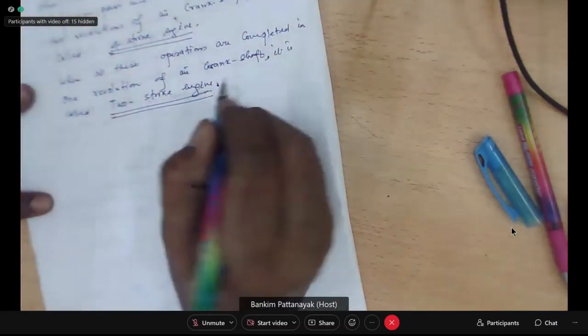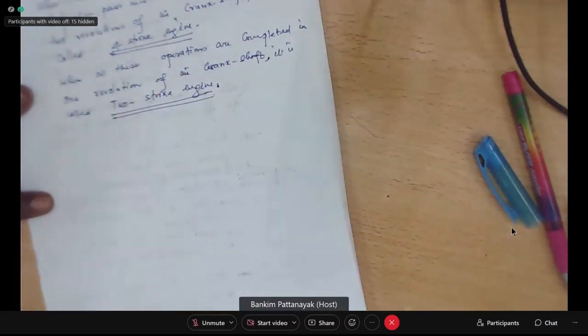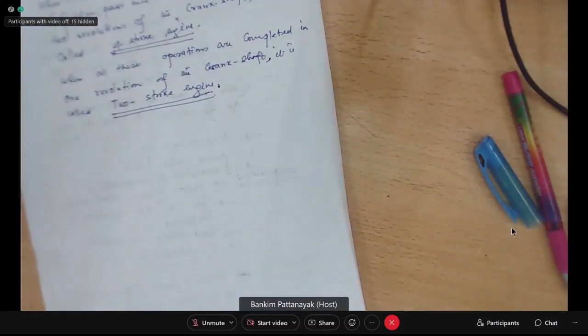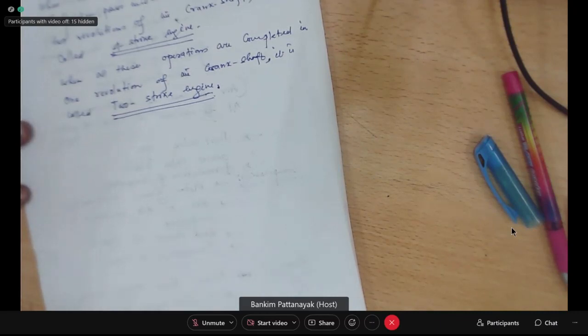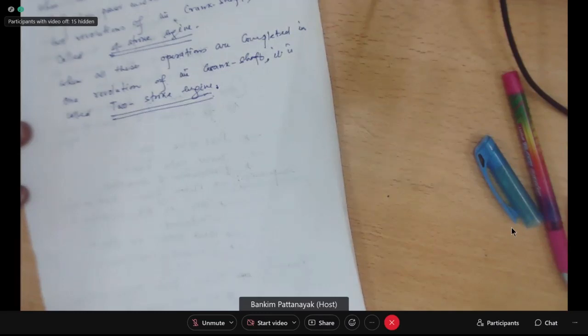In a two stroke engine, you have four discrete processes: suction, compression, power, and exhaust. Now, if it has to happen in one revolution of the crankshaft, that means two of the operations are done in half of the revolution, and the other two processes are completed in the other half of the revolution.